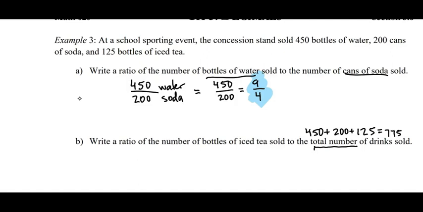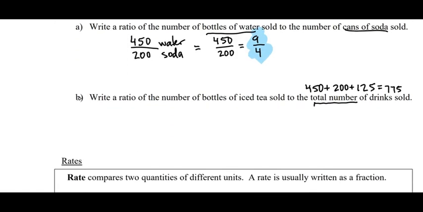Now, bottles of iced tea. So we sold 125 bottles of iced tea to 775 total. So that means the ratio is 125 to 775.